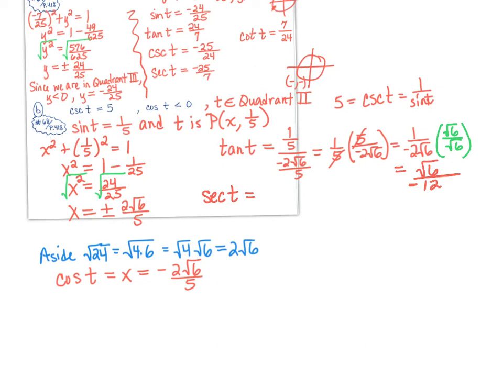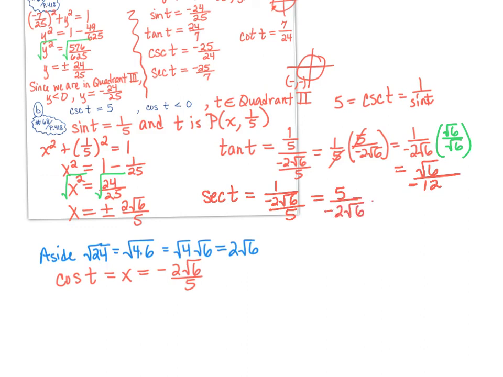Tell me what you get initially. 1 over what? Negative 2 square root 6 over 5. Good. Now that gives you what? 5 over negative 2 square root 6.